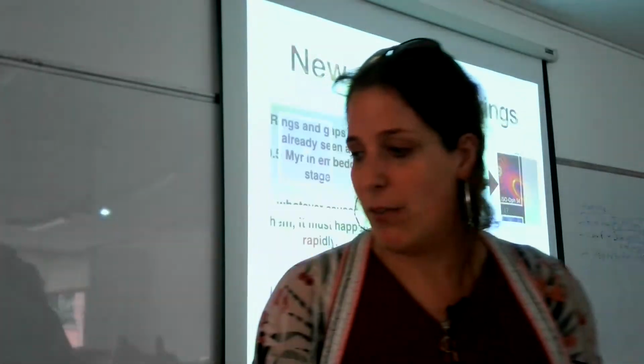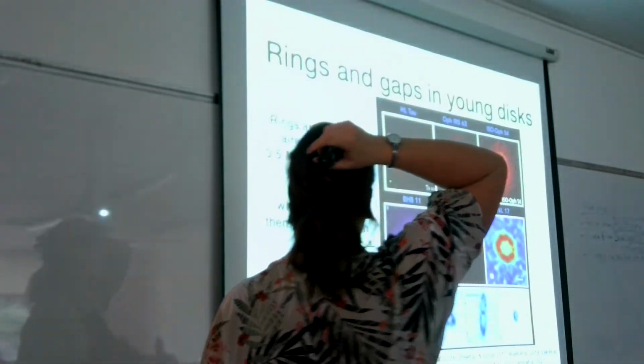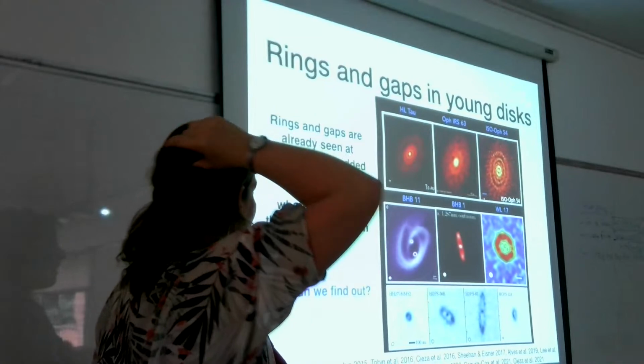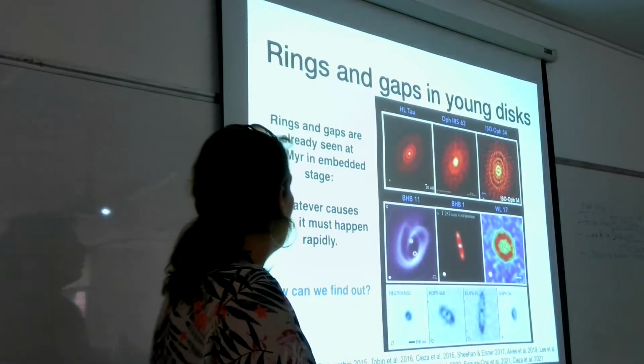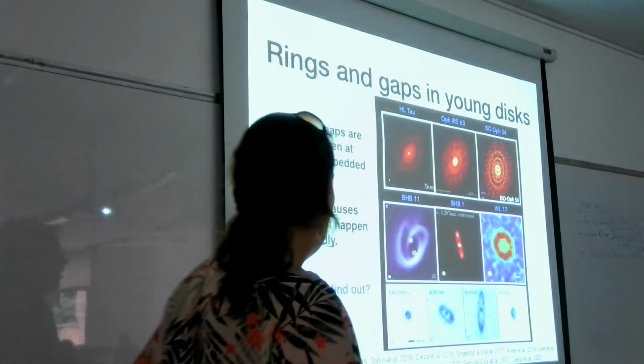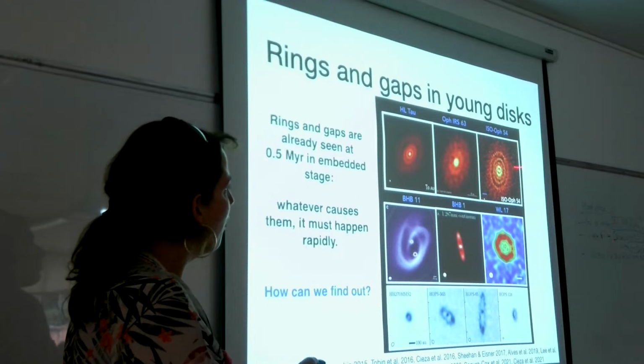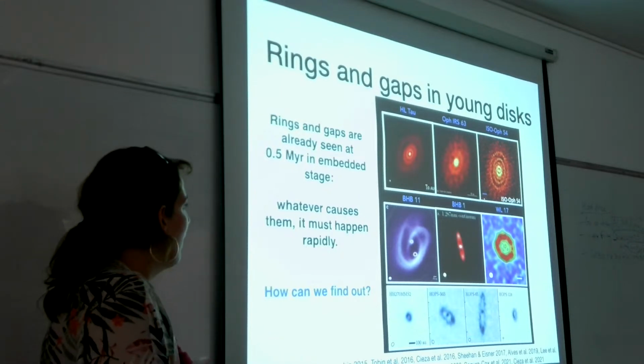That's still a debate. What's interesting is that we've also started to see rings and gaps in really young disks that are only 0.5 to 1 million years old. So the disk is still embedded in the cloud. Here are just a couple of examples of that. So again, transition disks, but also ring disks.